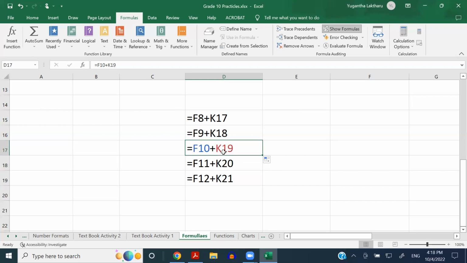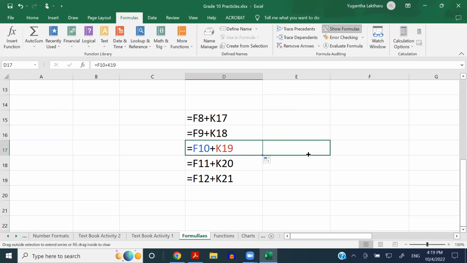Now I'm going to show you what happens when we copy a formula to your left and to your right in the same row. I think you will be getting the idea now of what's going to happen. Let's see. Is it the same thing that's going to happen? Now I'm going to copy this formula, F10 plus K19, onto your right.